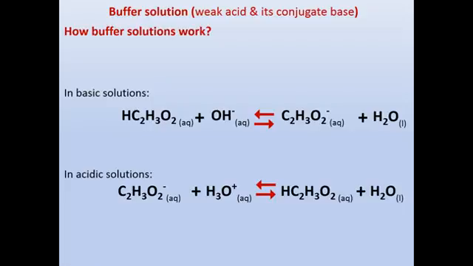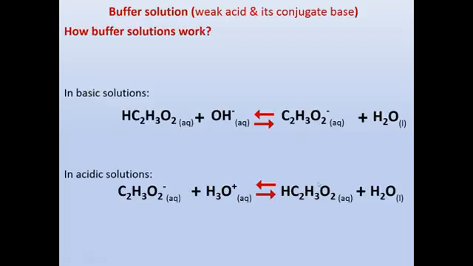The way that buffers work is they resist changes in pH upon the addition of either acid or base, and we'll look at both of those examples here. If we add in some base, so this hydroxide here is being added in, that will react with the weak acid, and that will produce the conjugate base as well as water. So it's going to shift the equilibrium towards the right.